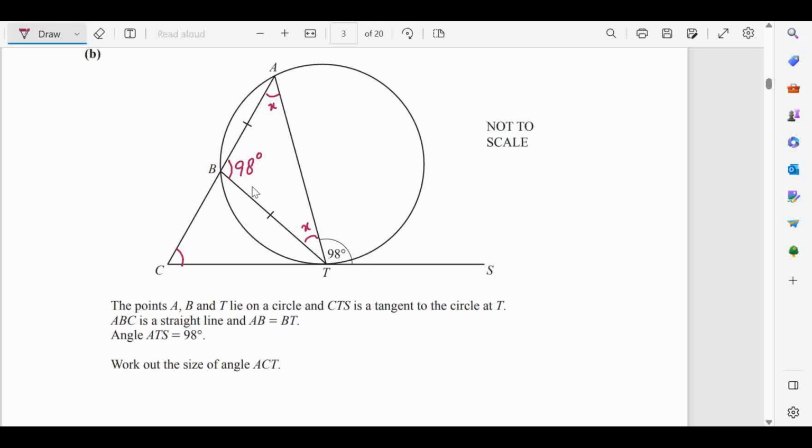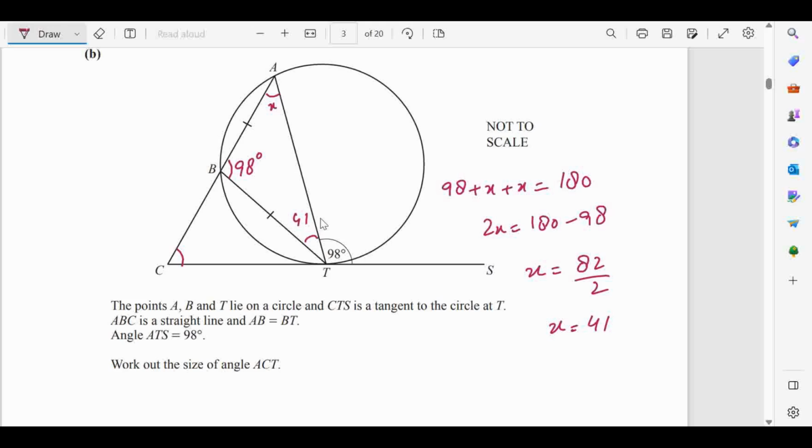Isosceles triangle means these two angles will be the same, and the sum of the angles is equal to 180 degrees. So 98 plus 2x is equal to 180 degrees, and further we can write that 2x is equal to 180 minus 98. So x will be equal to 82 divided by 2. So x will be equal to 41.